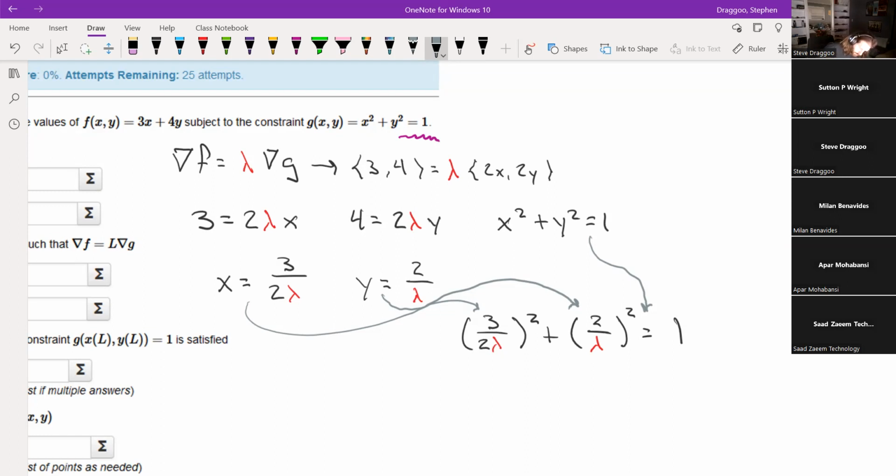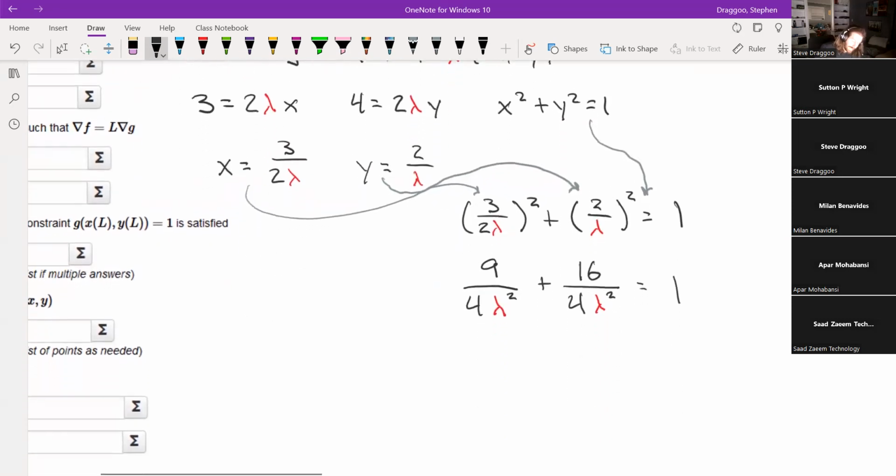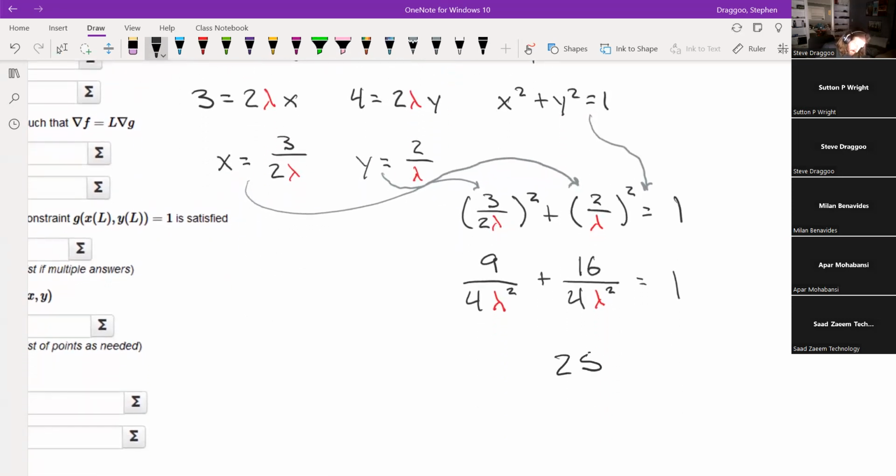Well, this thing looks like 9 over 4 lambda squared, plus this thing on the right looks like 16 over 4 lambda squared. That's equal to 1. So I end up with 25.